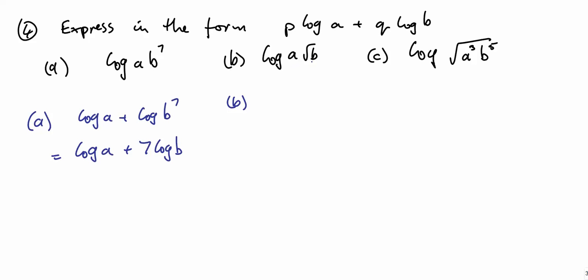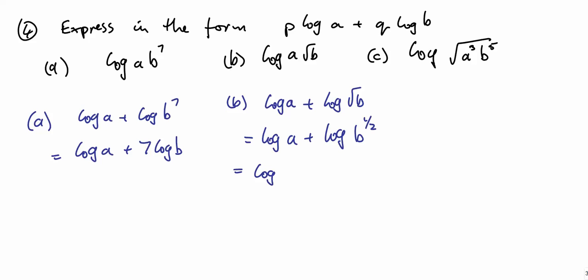The second part, log a root b, we'd write that as log a plus log root b using the addition rule, and then the square root would be b to the power of a half, so we have log a plus log b to the power of a half, and that is log a plus a half log b.